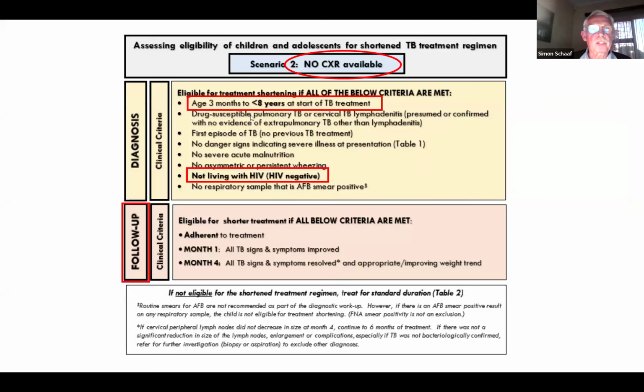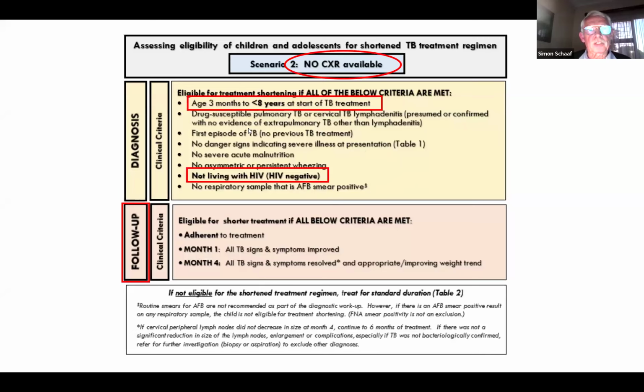But we have excluded now all the children between 8 and 16 years, because the adolescents and older children more often have adult type disease. And if we don't have an X-ray, we cannot exclude cavities. So this will only be for children between the ages of 3 months and less than 8 years.